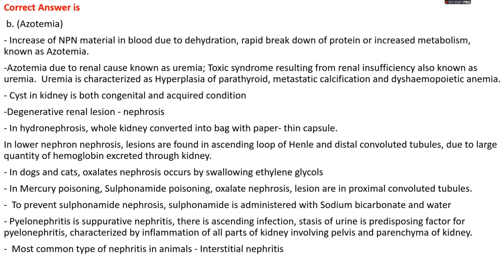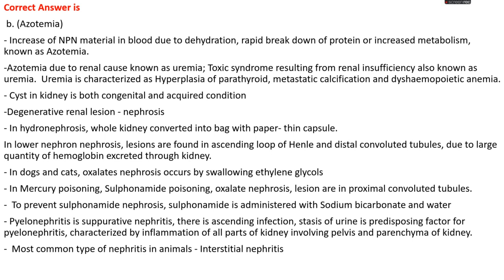While azotemia occurs due to a renal cause, that is known as uremia. Toxic syndrome resulting from renal insufficiency is also known as uremia. Uremia is mainly characterized by hyperplasia of the parathyroid gland, metastatic calcifications, and hemopoietic anemia.